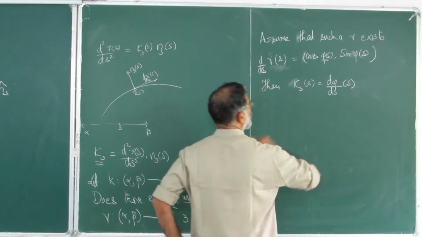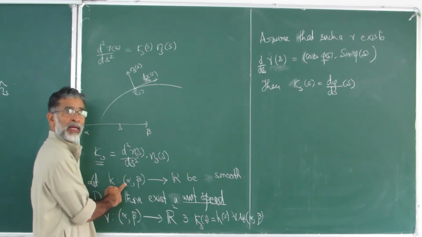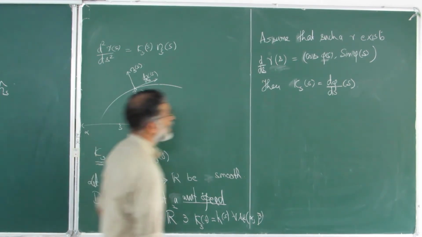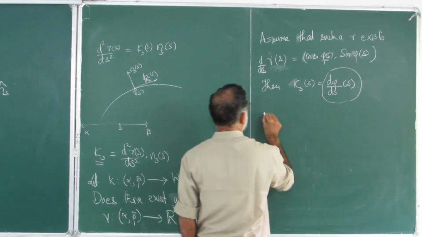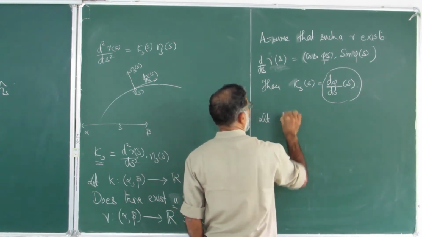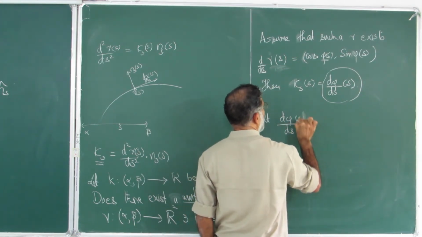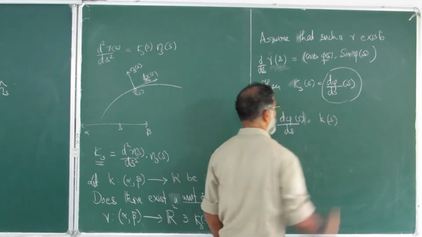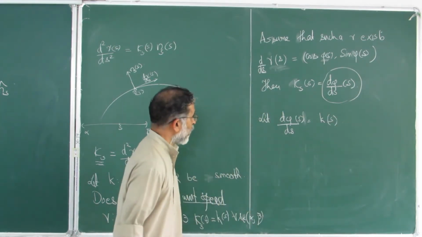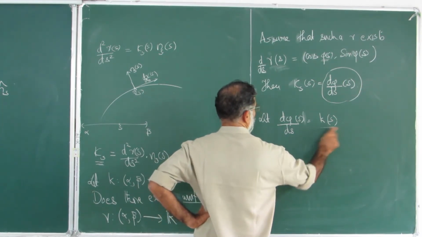But what we want is that the signed curvature should be K(s). So let us take this to be equal to K(s). So let d phi by ds at s be equal to K(s). Now we are going to get our phi from here.